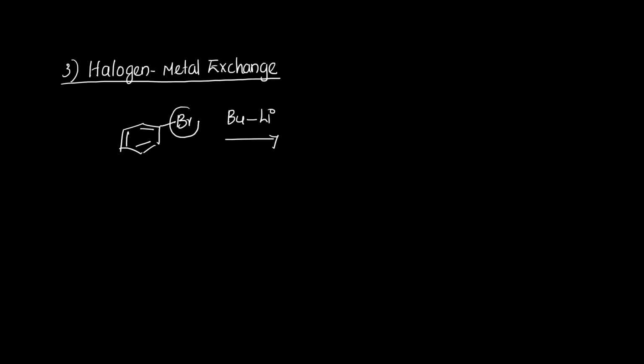So this is the bromine, this is the halogen, and you have the butyl lithium. So you have the delta positive here, delta negative here. So this bond will attack the bromine and this will go here. So you will generate an anion here, which is stabilized by the Li plus, and you will generate the butyl bromide.